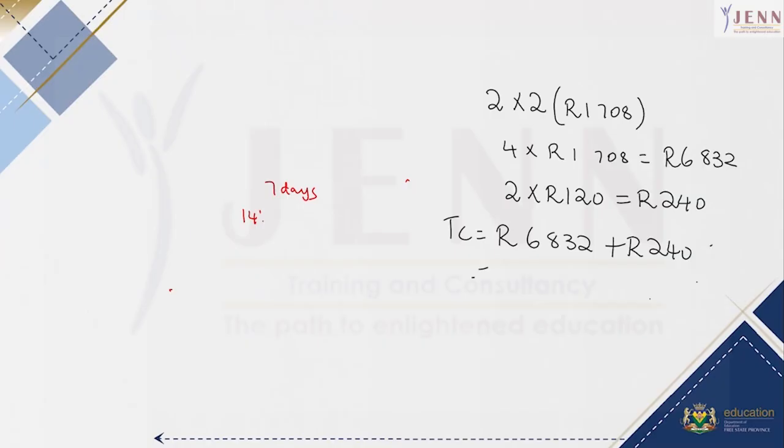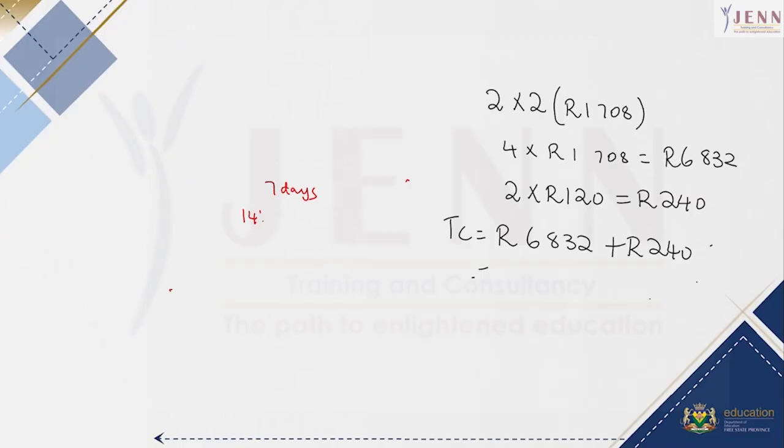Now, Refilwe and Paul are going to need 2 tickets each. So this 2 is for 2 people, multiplied by 2 tickets. In other words, they need to buy 4 tickets.